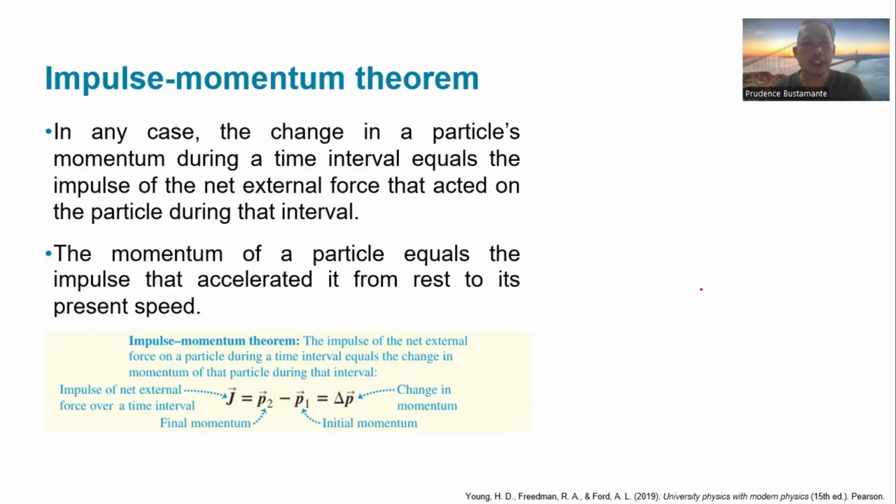Here we have the impulse-momentum theorem. In any case, whether the net force is constant or not constant, the change in the particle's momentum, which is the final momentum P2 minus the initial momentum P1 during a time interval, equals the impulse of the external force that acts on the particle during that interval.